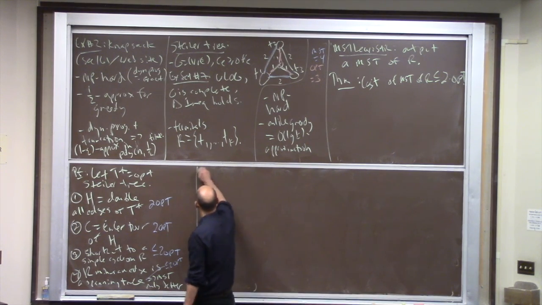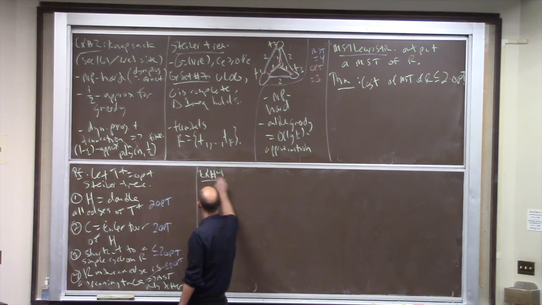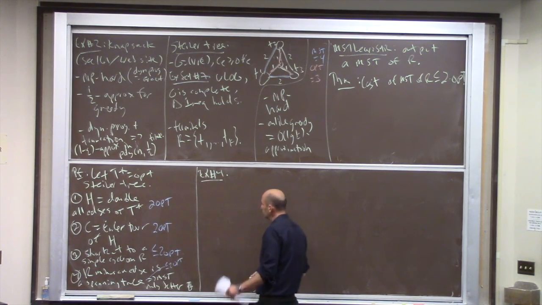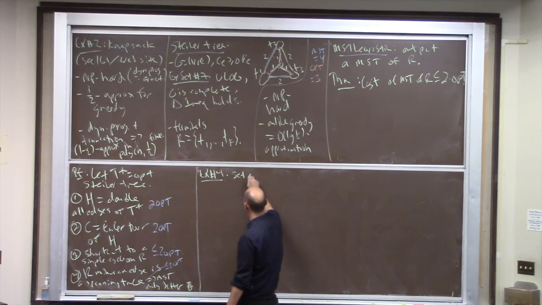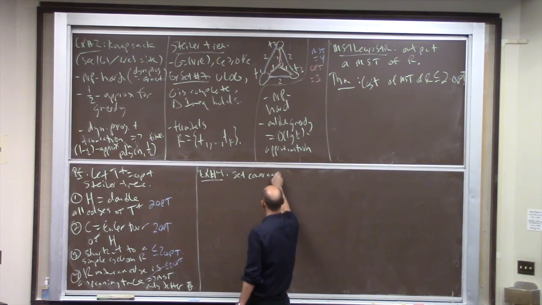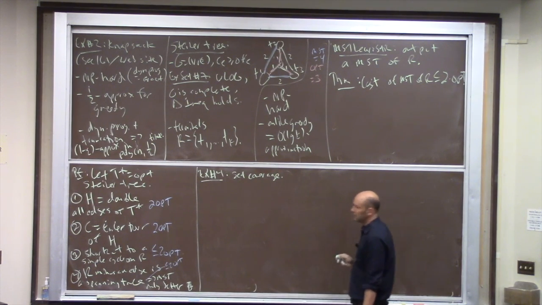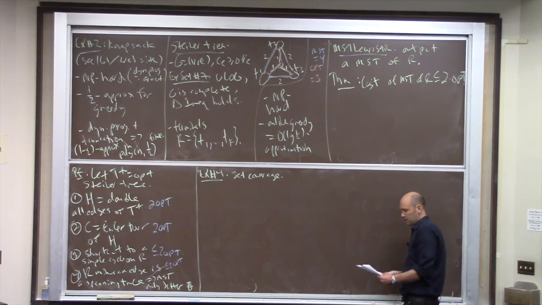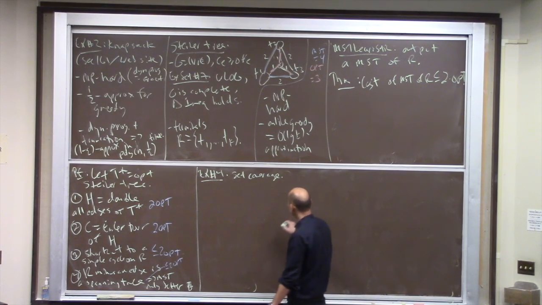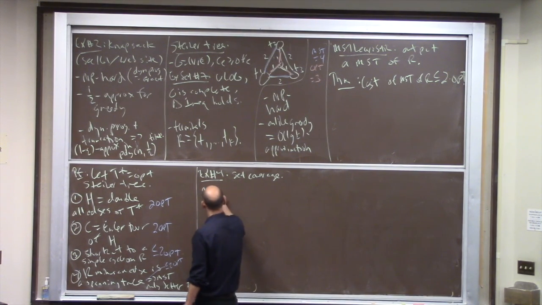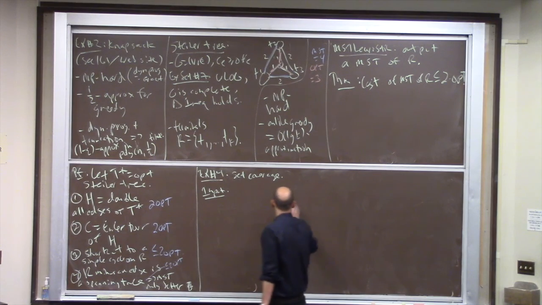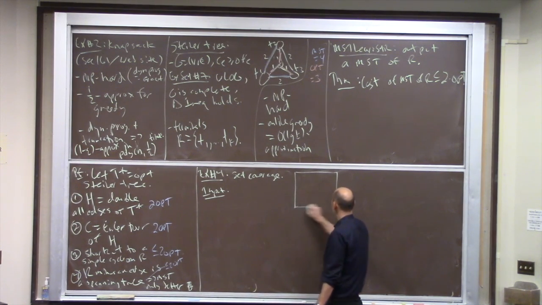Example number 4. So this one will be new to many of you, although it's totally fundamental. Again, I suspect this was one of Karp's original list of NP-hard problems. Set coverage. So what's the input? The input is a bunch of subsets. Okay?